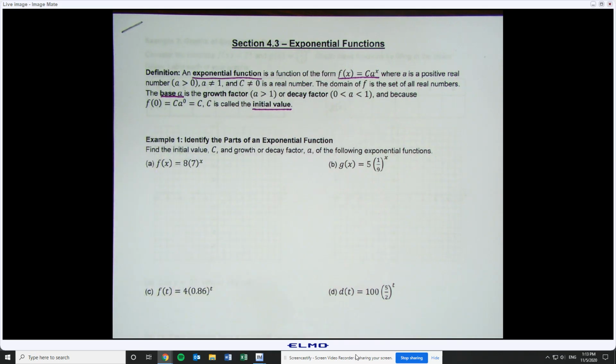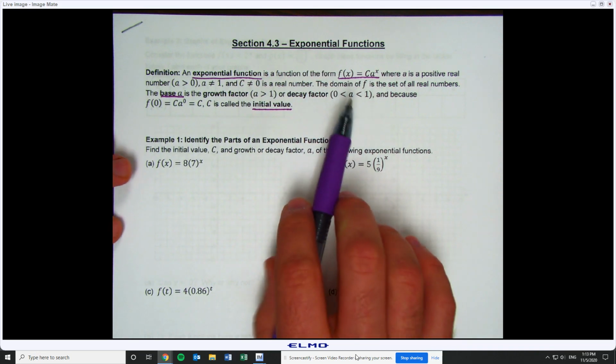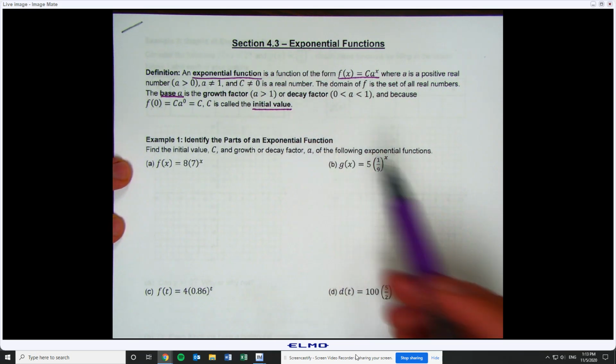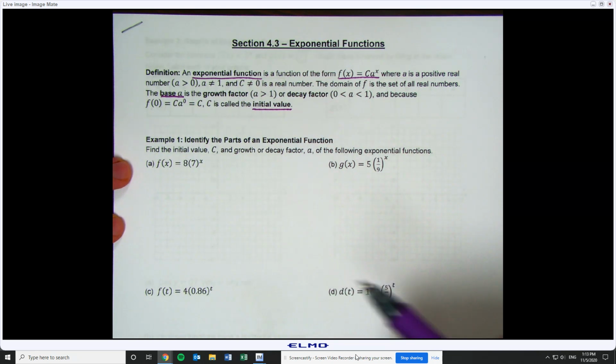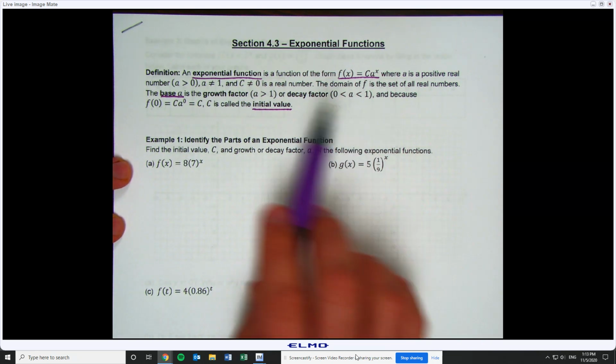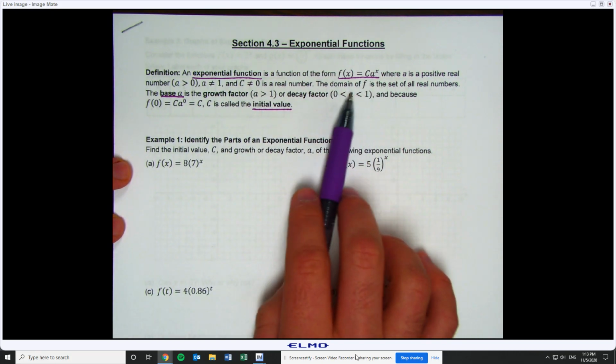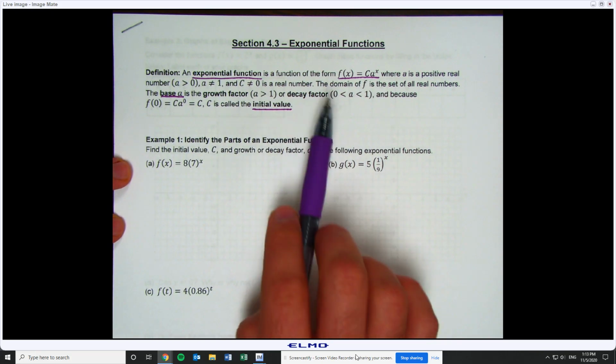Well, if you multiply by a number bigger than 1 each time, your function grows, it gets bigger. If you multiply by a number less than 1 that's positive, a small number times a small number gets smaller. So every time you multiply by a number bigger than 1, you're going to get bigger, growth. If you multiply by a number less than 1, you're going to get smaller, decay.